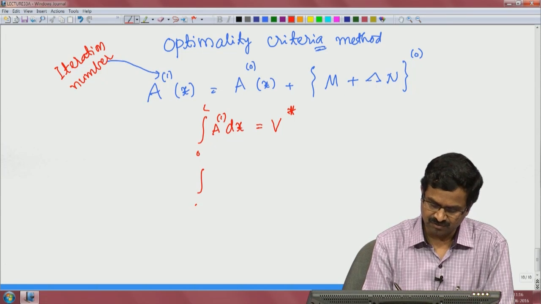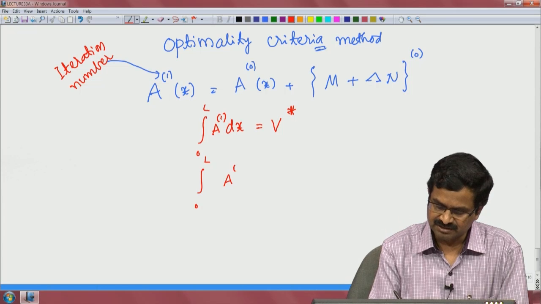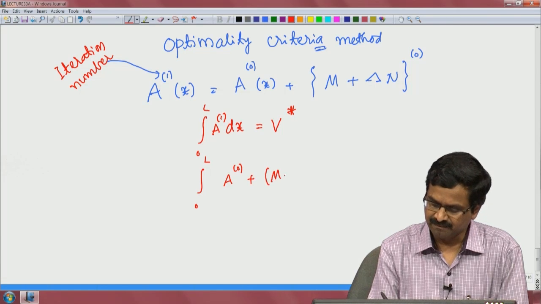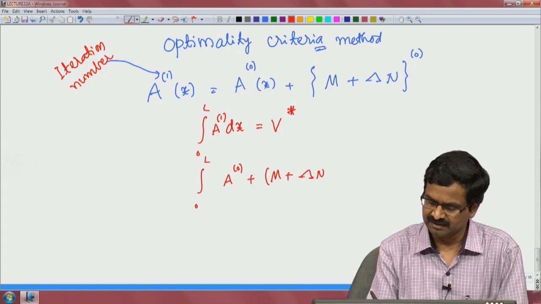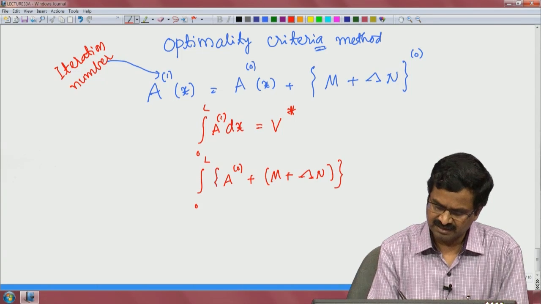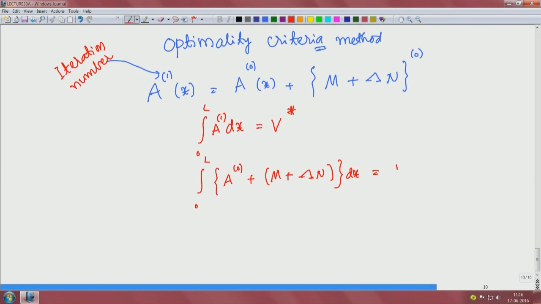Once we have it, we substitute the new area A1. That means I have to do integral 0 to L of A0 plus m plus lambda n, all integrated with respect to dx, should be equal to V star. If you look at that, what are the things that are known? This we know, this we know, this we know, and V star is known. What is not known is lambda. It is only one equation, so we can actually calculate that by taking all the things that we have to the other side.